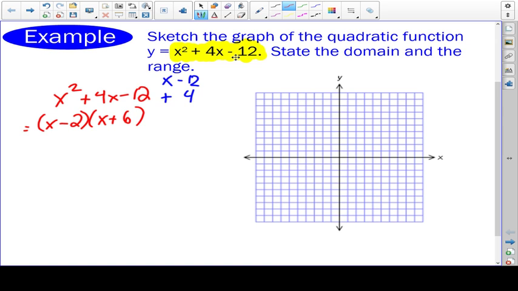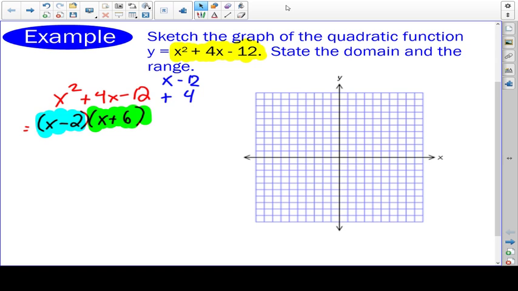So now, how does this help us? Well, here's the thing. What I can do is ask myself what values make each of the two brackets equal to 0.